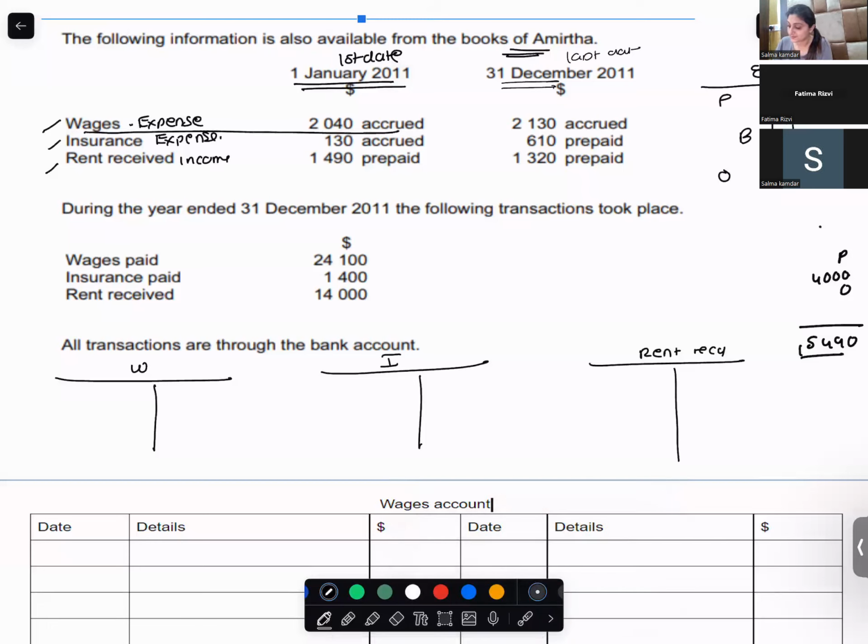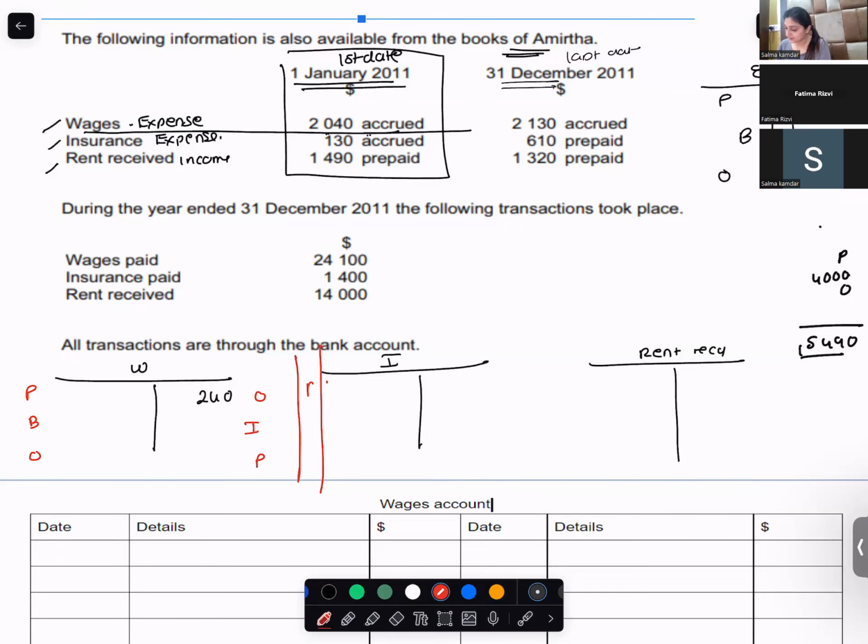Now talk about wages. Let's talk about the first date for everything. Wages accrued, which side? Credit side. If you get confused, you can write the format over here. POPO B. For insurance also I'm writing POPO B. And for rent it will be OPOP IB.